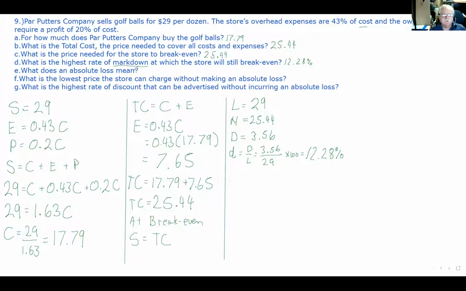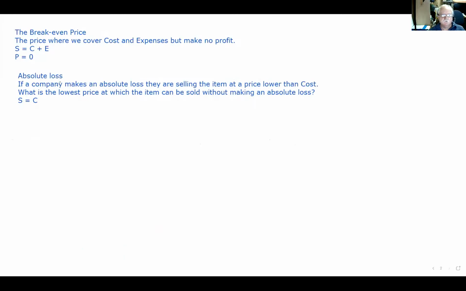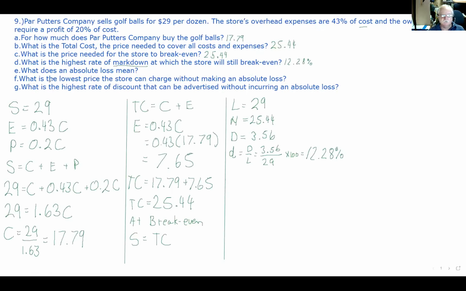What does absolute loss mean? Here we would have to explain it, and we've explained it over here. If a company makes an absolute loss, they are selling the item at a price lower than cost. And then they said, what is the lowest price the store can charge without making an absolute loss?